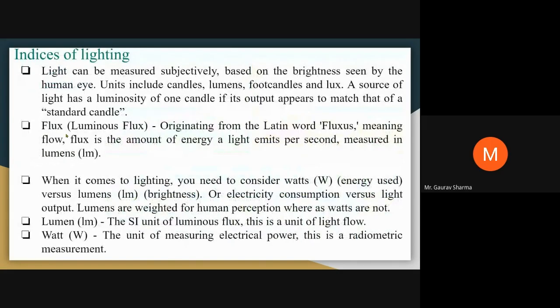Fine. So how to measure it? If someone asks you what is the unit of measuring it, first of all, if we talk about the procedure of measuring the light, it is as simple as that we use electronic equipment which is very well equipped with sensors.